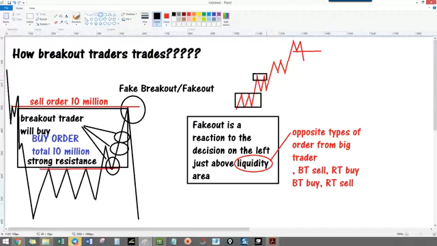Let me change color. Phase 2, phase 2, phase 3.